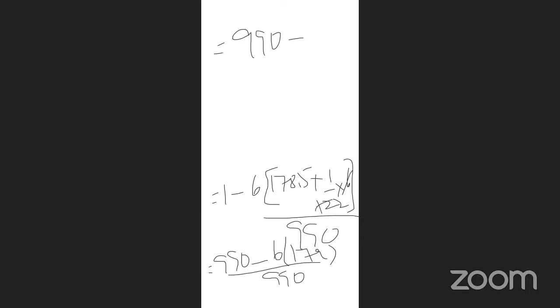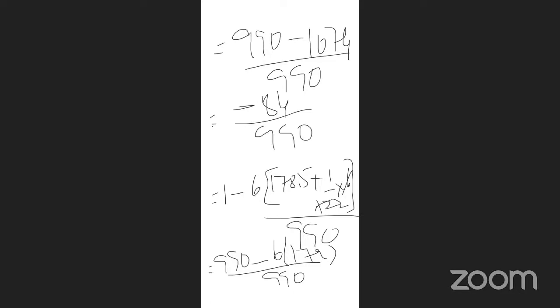No, 6 into 179 is 1074. 1074 divided by 990, so it is minus 84 by 990. Whatever value you are getting, that is a minus value.